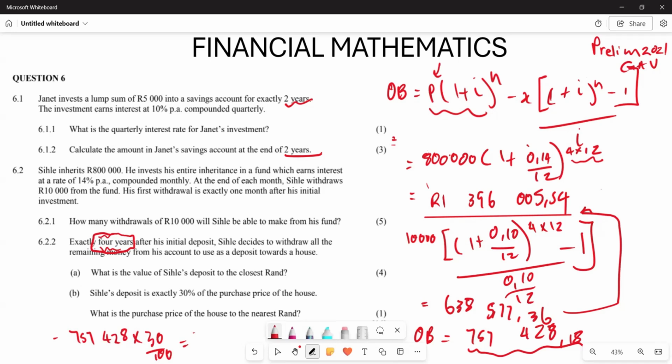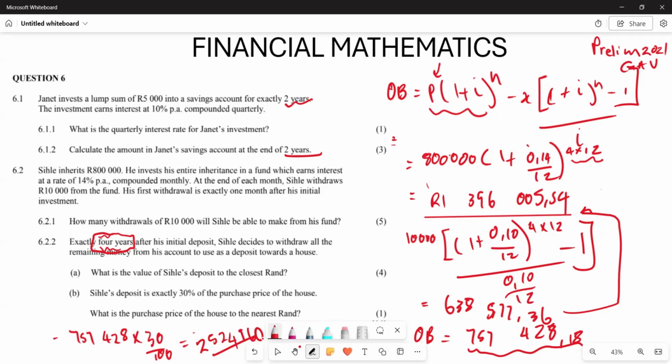So which means Sihle actually deposited 2,524,760 altogether. So basically that is going to be the amount deposited altogether.